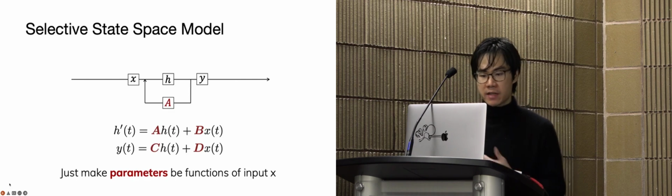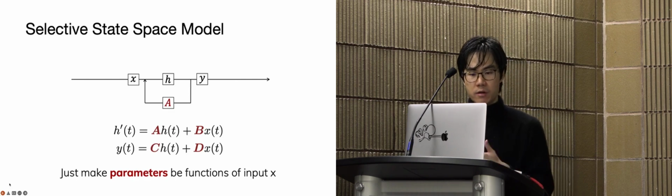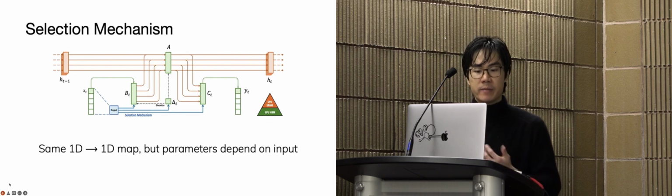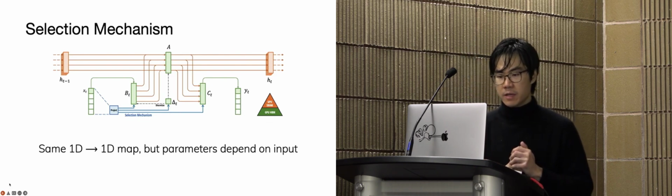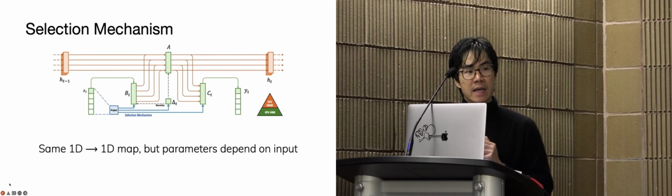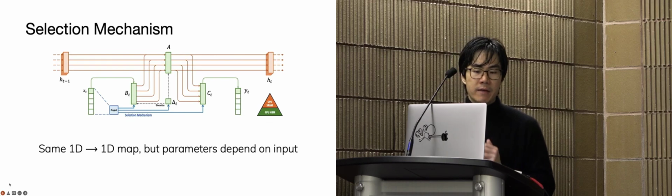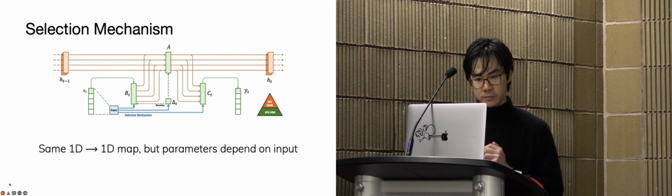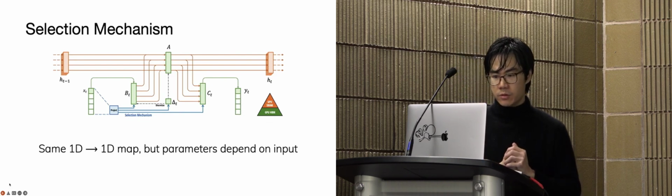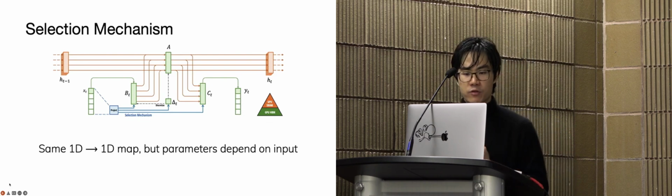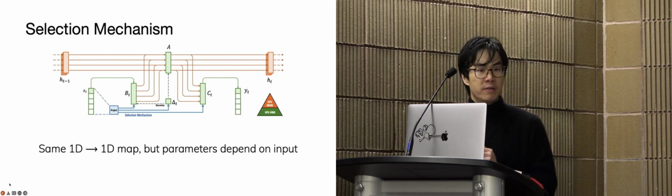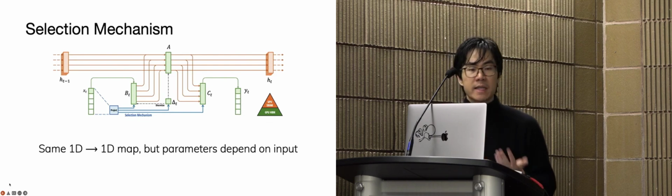And on the other side of the spectrum is the transformer, or more accurately, the attention mechanism. Here I claim that these are characterized not by having dense interactions, but by having a state that is a cache of the entire history of the model. If you're familiar with transformer inference at all, you may have heard this term called the KV cache, and that's literally the state of this model.